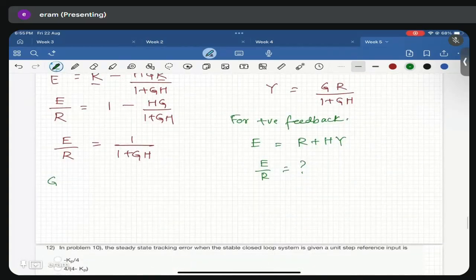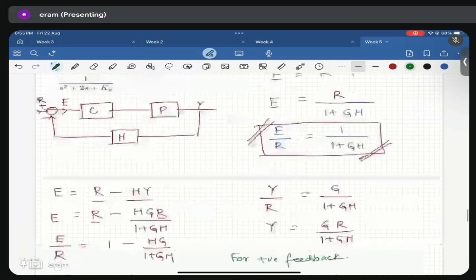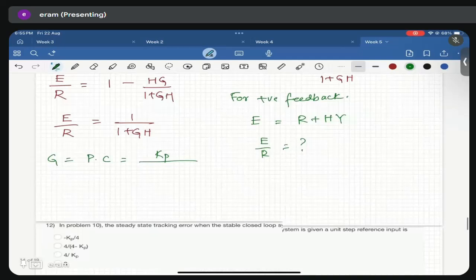For our case, G is again P into C, which is Kp divided by S square plus 2s minus 4.